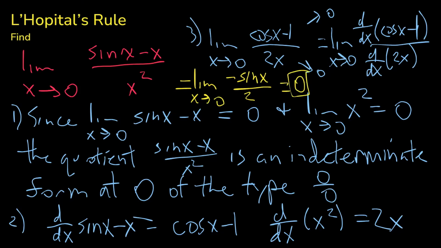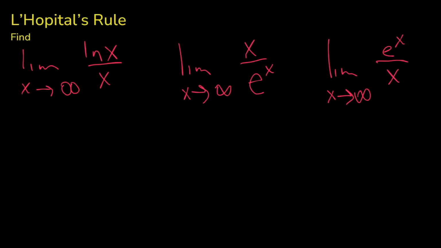So you are allowed to repeatedly apply L'Hopital's rule, but each time you apply it, make sure you verify that you have an indeterminate form. So now we're going to look at a couple limits where x approaches infinity. So in each of these cases, we're going to see if L'Hopital's rule applies.